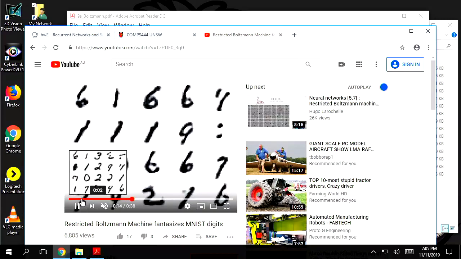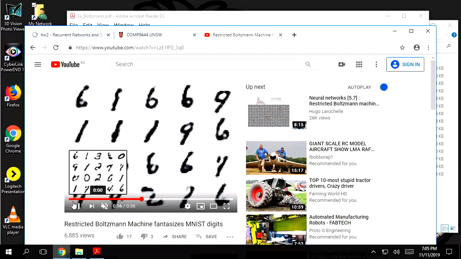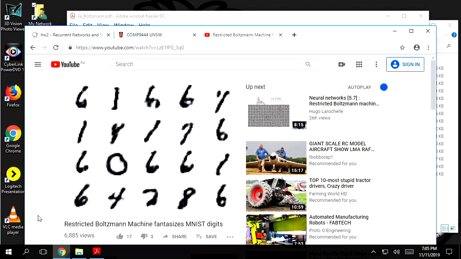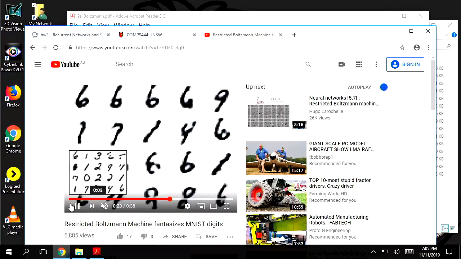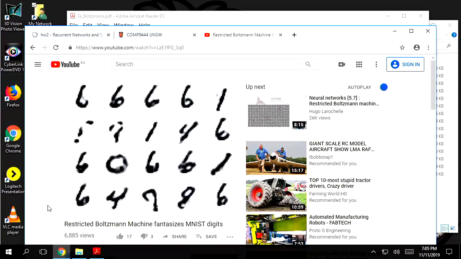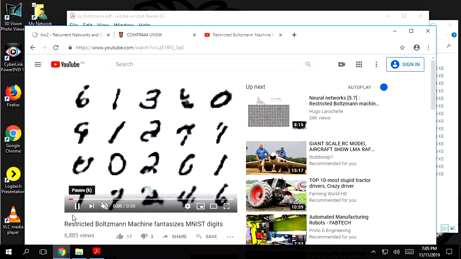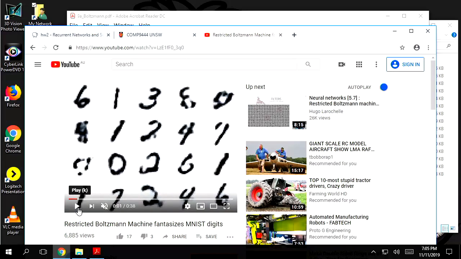It's a fairly simple kind of data by modern standards, but you kind of get the idea of what's going on. And most of these phantom digits do look pretty much like realistic digits.